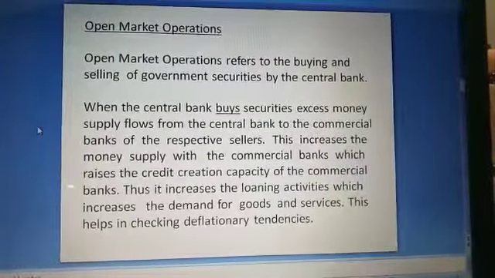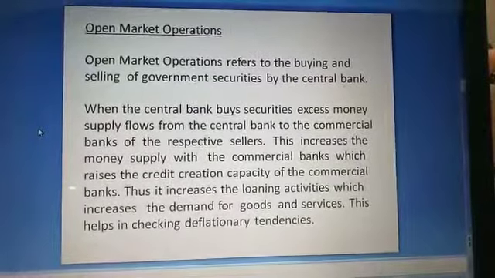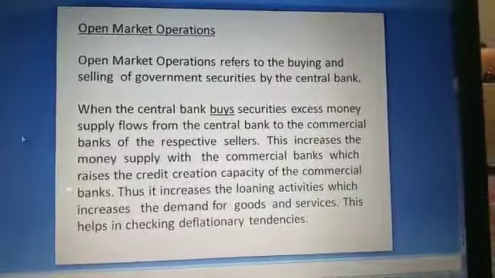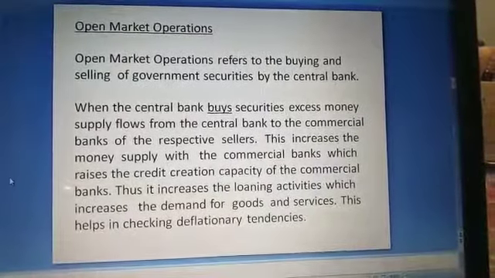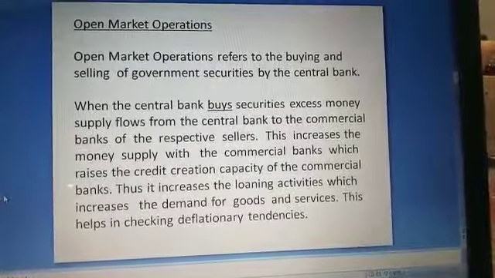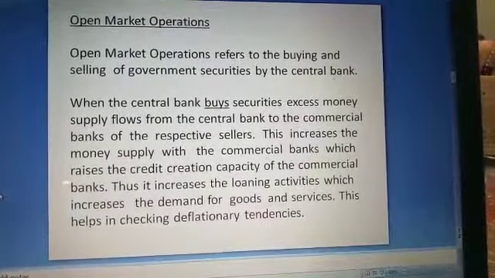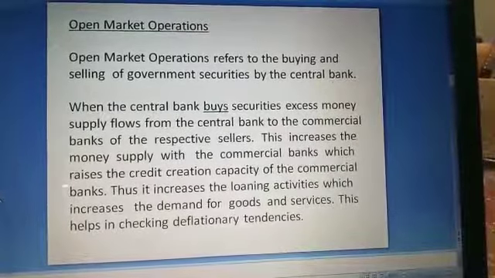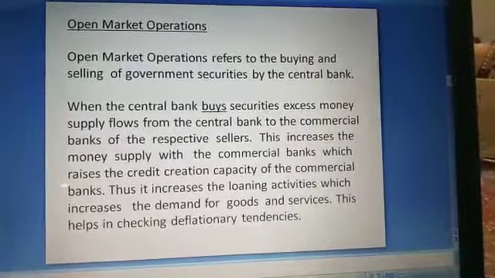This increase in the money supply with the commercial banks now raises the credit creation capacity of the commercial banks. Thus, it increases the loaning activities, which increases the demand for goods and services. This helps in checking deflationary tendencies.